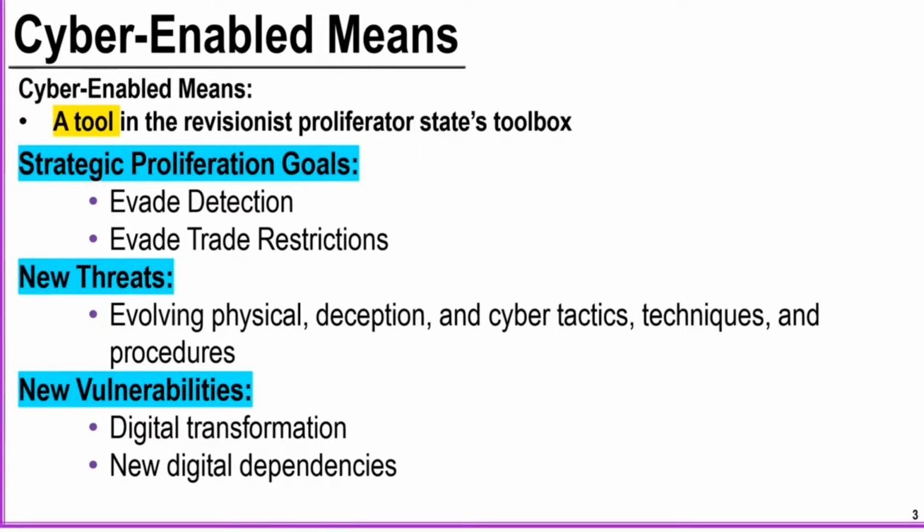We have made impressive progress in communication technology. However, because of its misuse, it creates new threats. That's why cyber-enabled means has become a tool for the revisionist proliferator states and their agents. The cyber-enabled means pose new biosecurity threats at global, regional, national, and local levels.